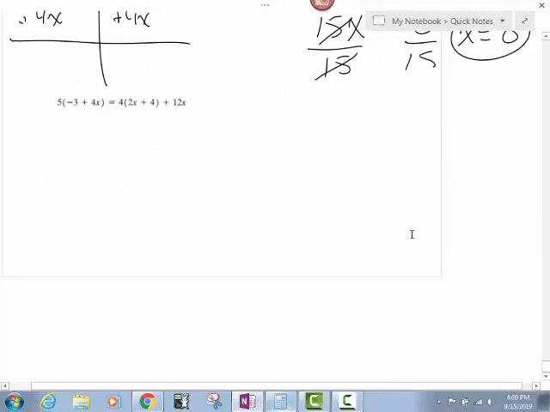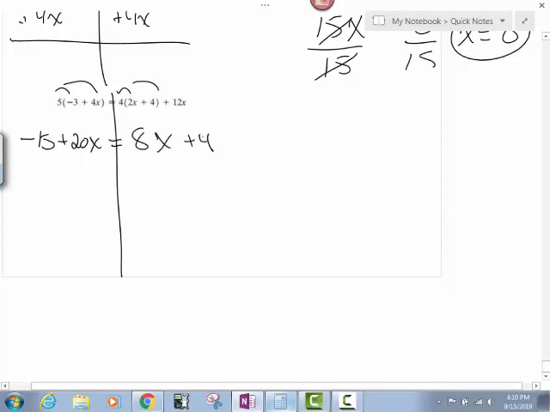And this looks like it's our last problem. All right. Let's take a look. Let's put a line all the way down. Let's multiply our 5. Negative 15 plus 20x. Let's multiply the 4. Let's see. 4 times 2 is 8x. Oops, not plus 4.